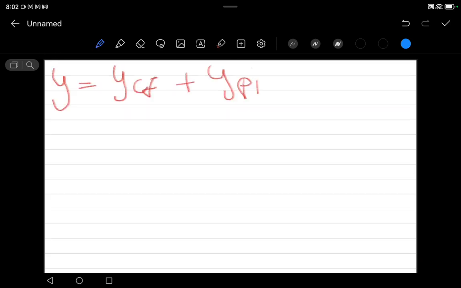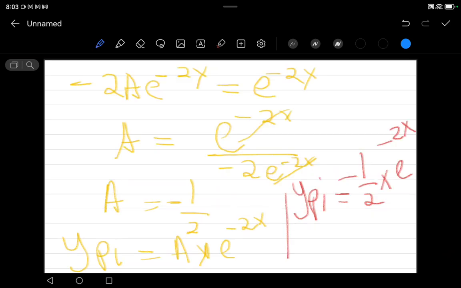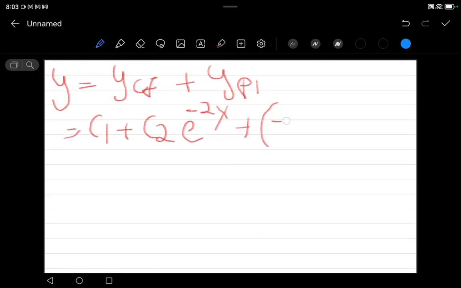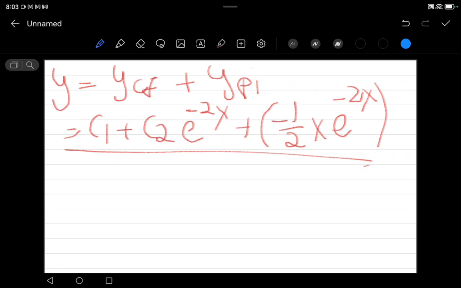So therefore it's going to be C1 plus C2 e to the power of negative 2x plus our YPI, which is negative half x e to the power of negative 2x. So this is how we determine the solution of undetermined coefficient.